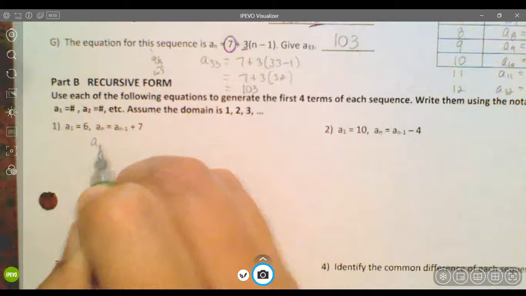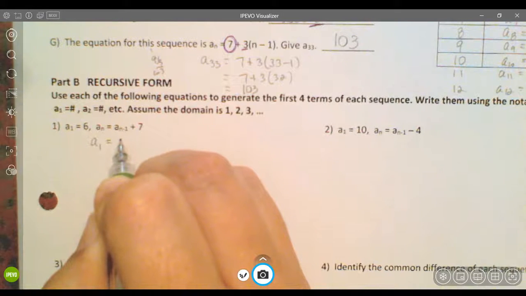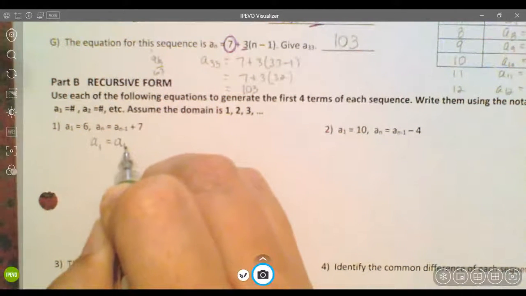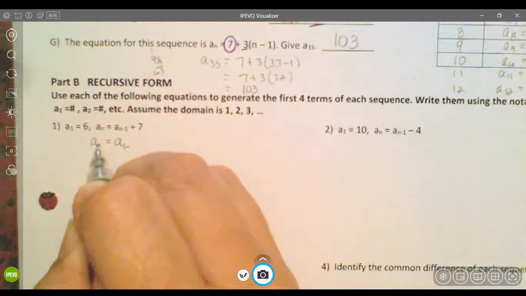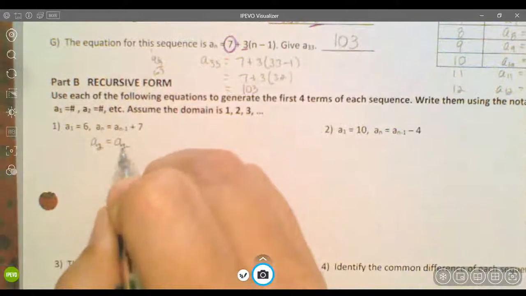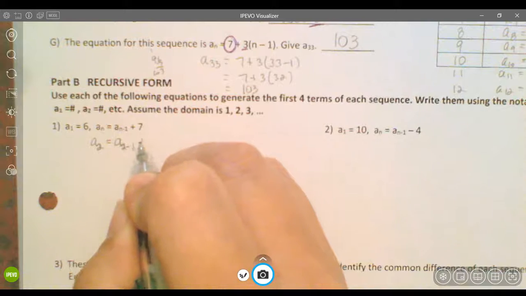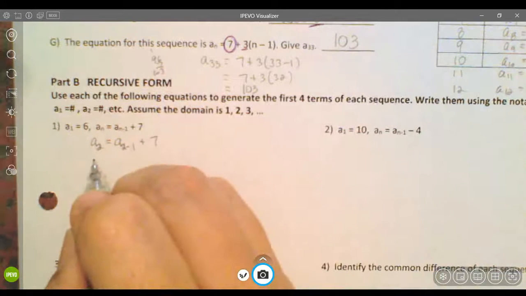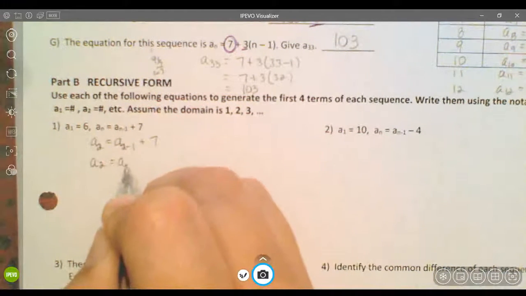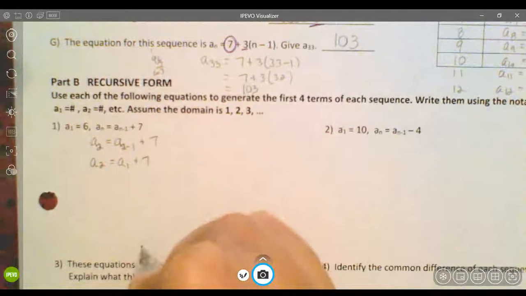A sub 2 is what I need next. That's a sub 2 minus 1 plus 7. That means that a sub 2 is a sub 1 plus 7.